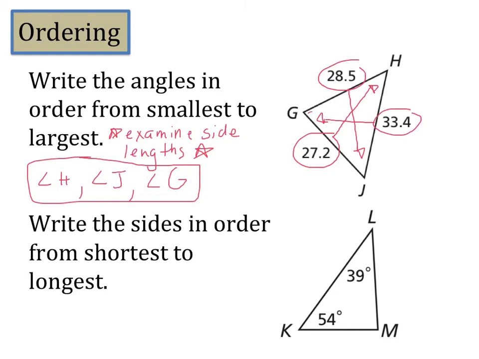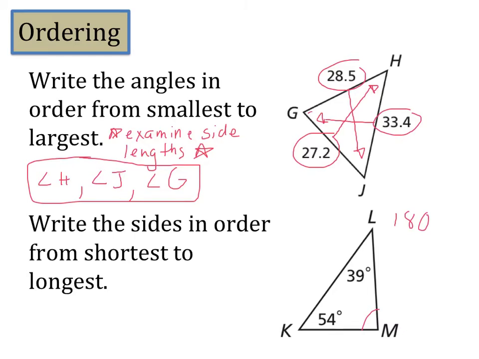Okay, for the second example, let's write the sides in order from shortest to longest. So the first thing we have to do is figure out what this angle is. Now we know from the triangle inequality theorem that the opposite of this biggest angle is going to be the biggest side. But we have to add up these three angles to figure out what the third one is. We know in total is 180 degrees in a triangle.